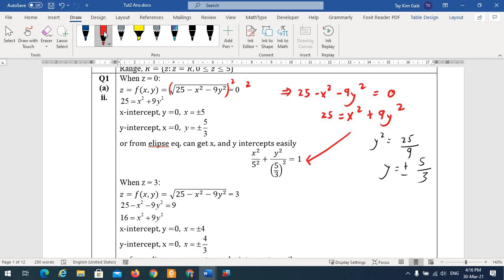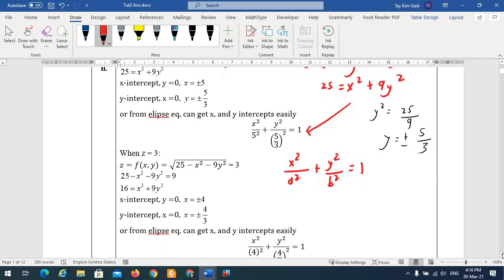Similarly, if you have x squared over a squared plus y squared over b squared equal to 1, this is the general ellipse equation, where the ellipse x will always intercept from negative a to positive a, and y-intercept from positive b to negative b. And then you connect it.